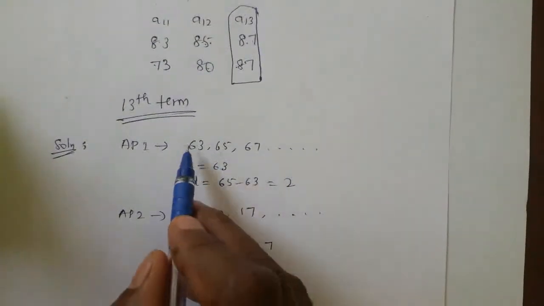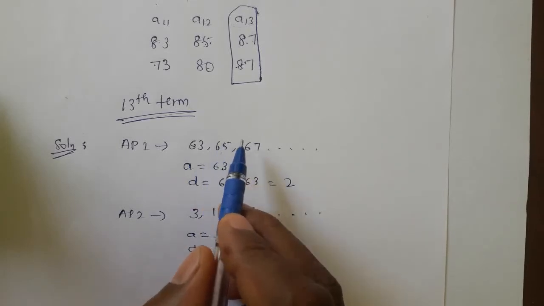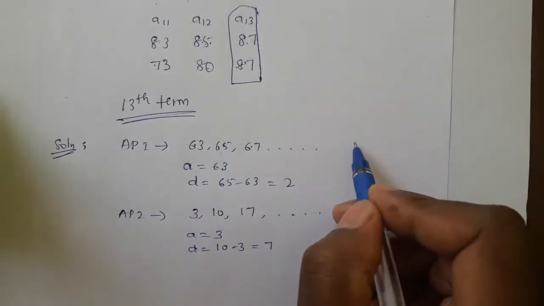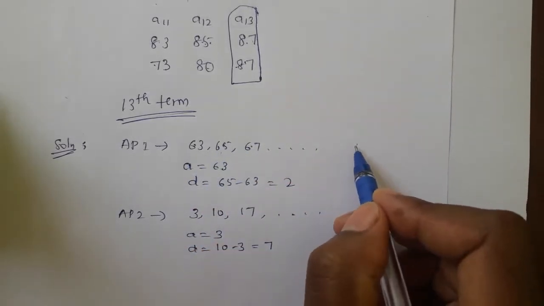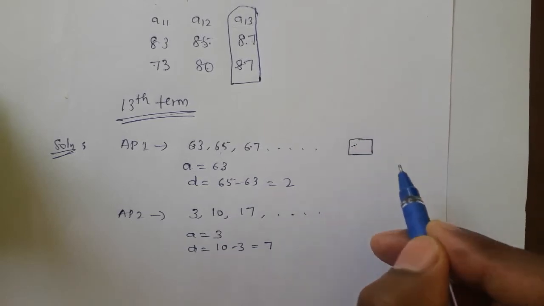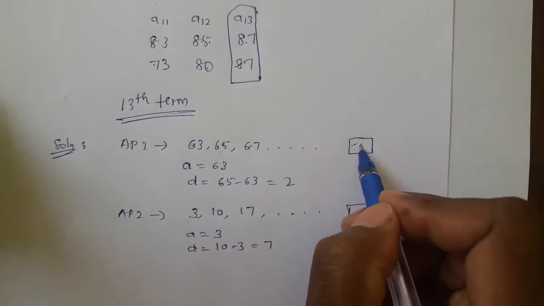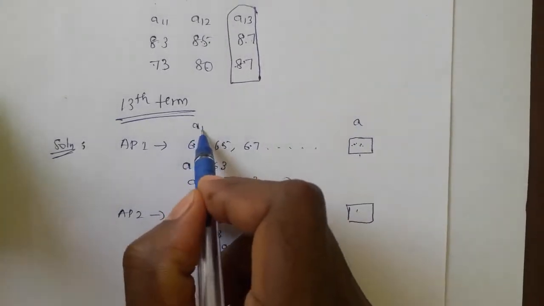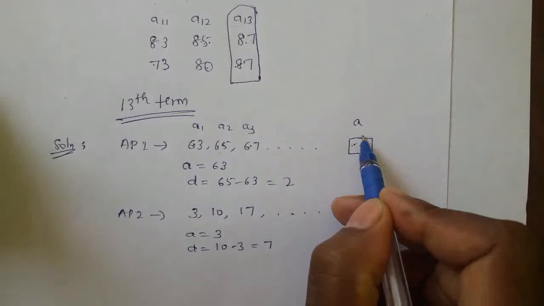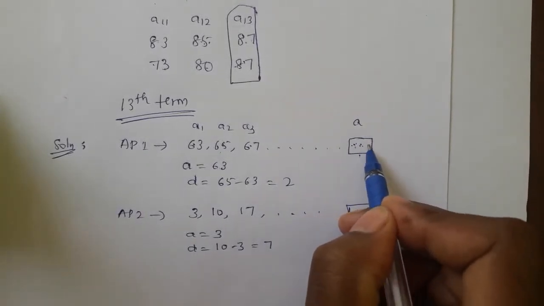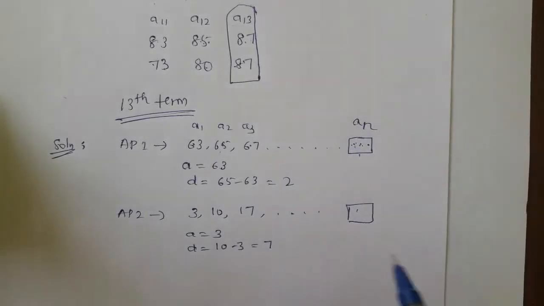That means here A1 is 63, A2 is 65, A3 is 67. Somewhere one term is going to come in both the APs where these two are equal. We don't know which position that is, so the position is unknown, an.